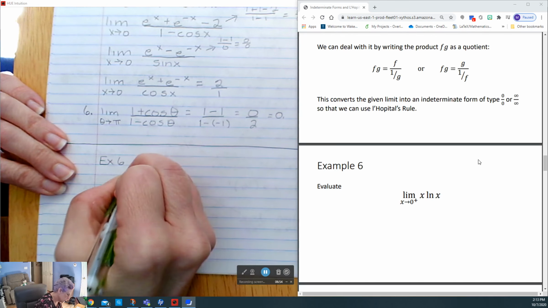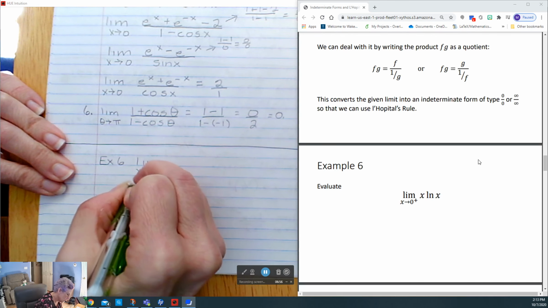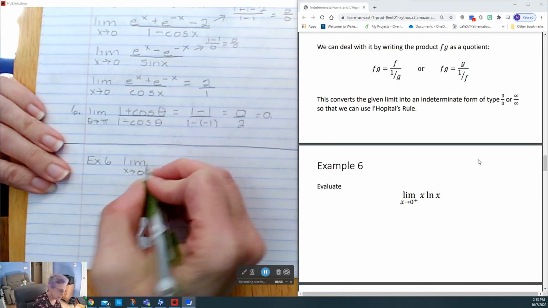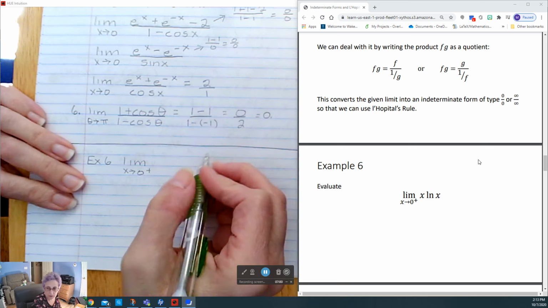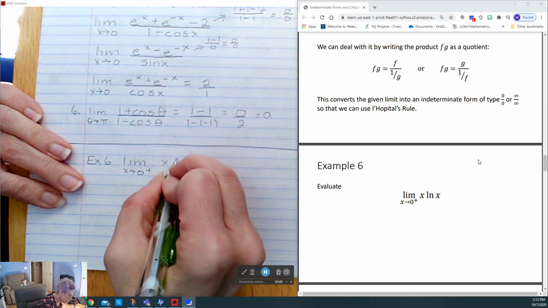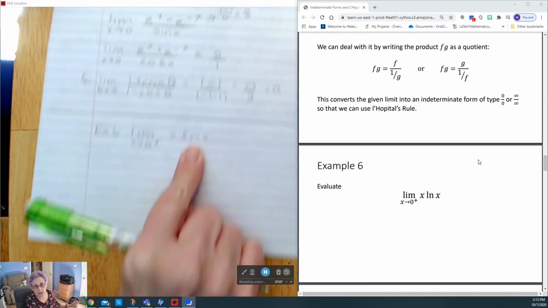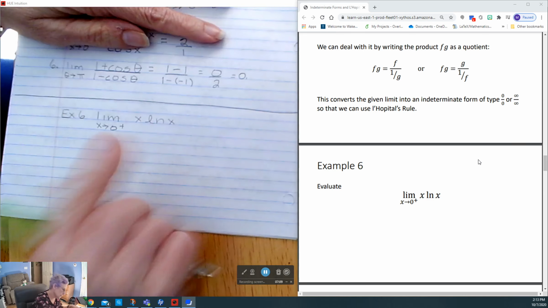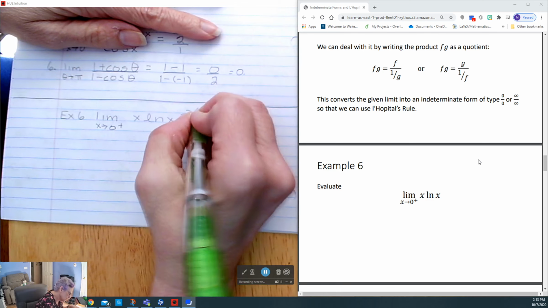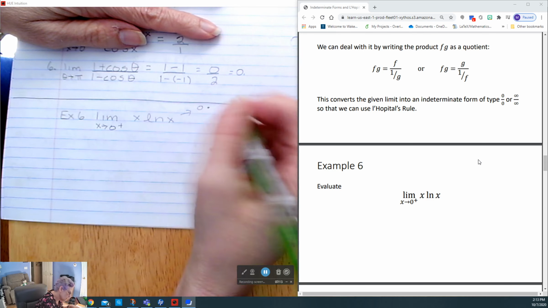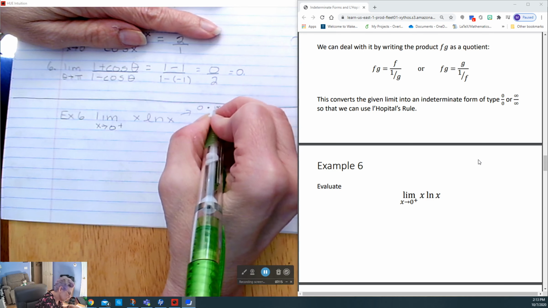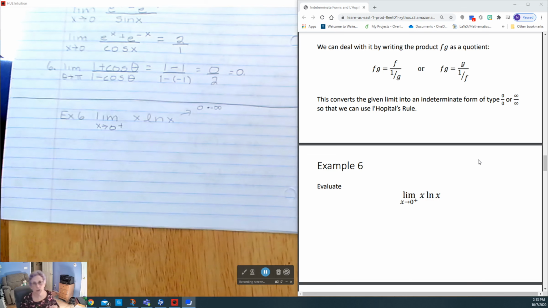We have the limit as x approaches 0 from the right, because natural log of x only exists from the right. When I plug 0 in here, I get 0 times negative infinity, actually, because as you approach 0 from the right, natural log shoots down to negative infinity.